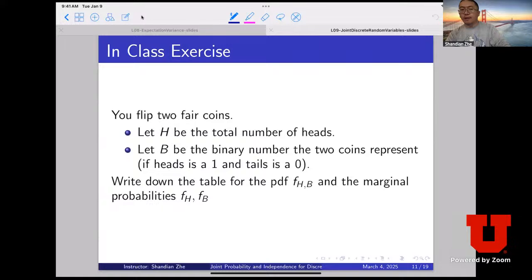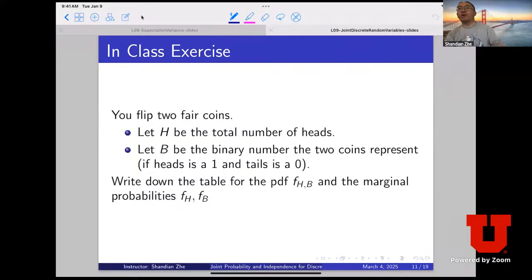Let us continue with the joint probability density function for discrete random variables. In the last lecture we talked about the motivation. In many scenarios, we want to look at the relationship between multiple random variables, not just one. For example, you might repeat an experimental process multiple times and look at all the outcomes together.